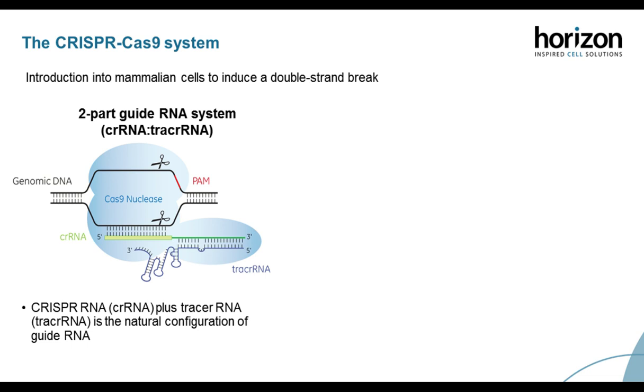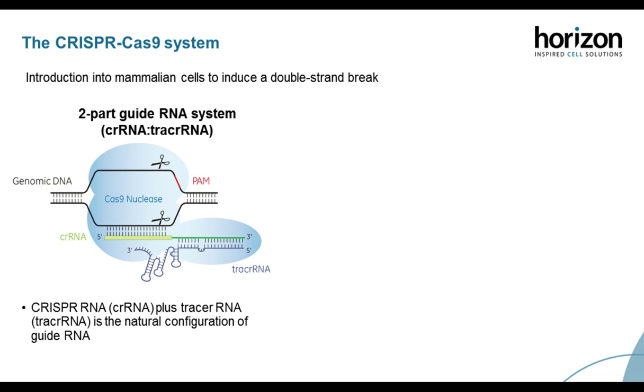These small RNAs guide the Cas9 nuclease to a specific locus within the genome so the Cas9 can make the desired cut.